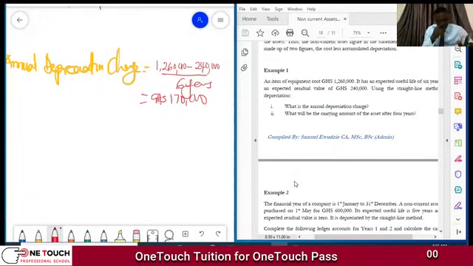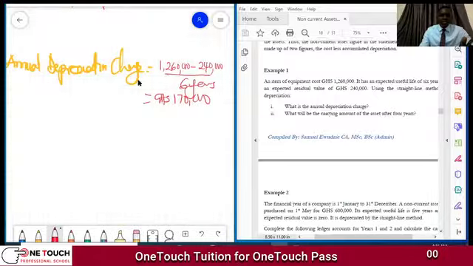Okay. And what will be the current amount of the asset after 4 years? So let's look at this.